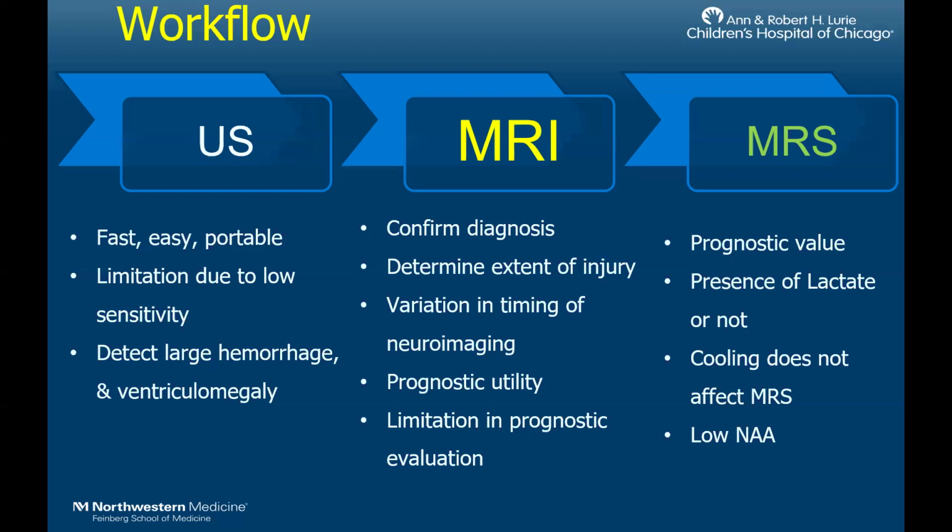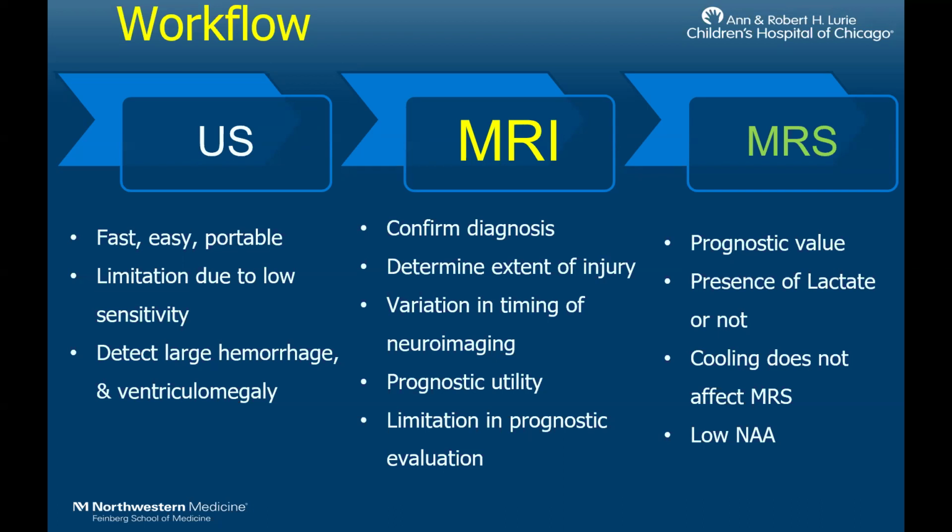And in terms of imaging these infants, this basically outlines the general workflow. So I would say most places would typically start with an ultrasound, because as we know, the ultrasound is fast, easy, portable. These babies could potentially be unstable and very sick.